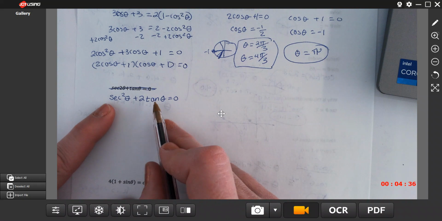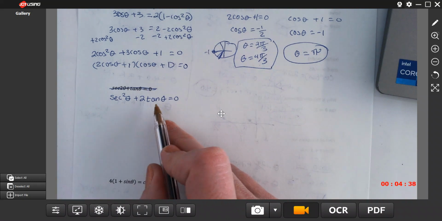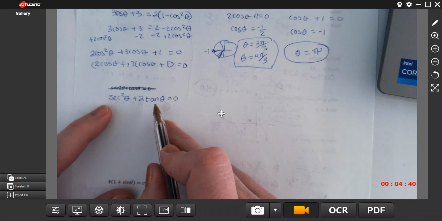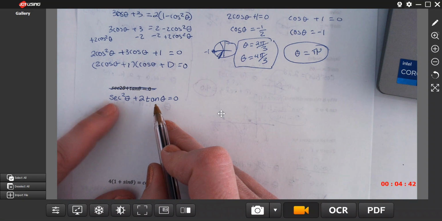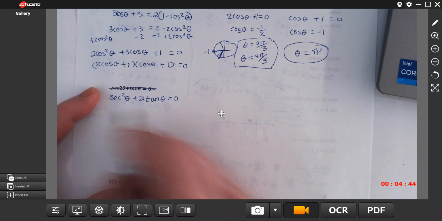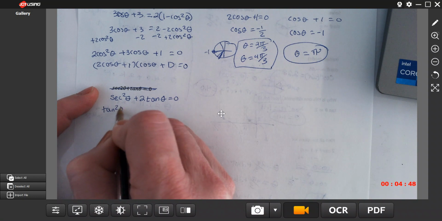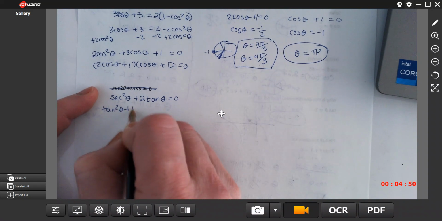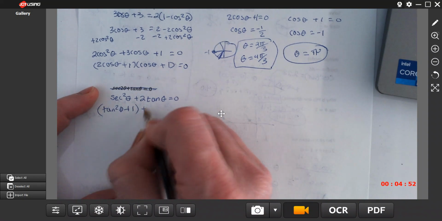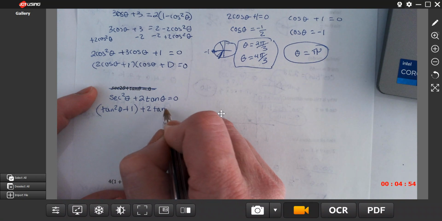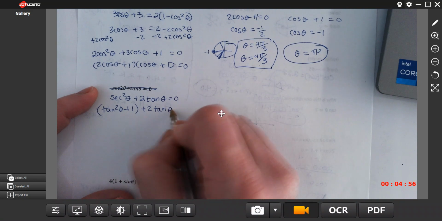And I have a secant expression and a tangent expression, so it would be much easier if I only had one type of trig function. So I'm going to use an identity to replace secant squared. Secant squared is the same as tangent squared plus 1. So I replace that.